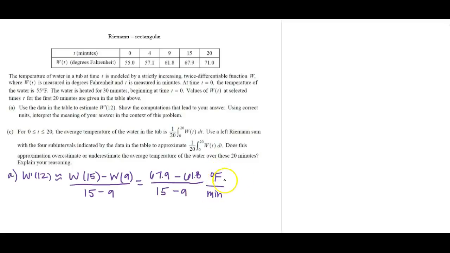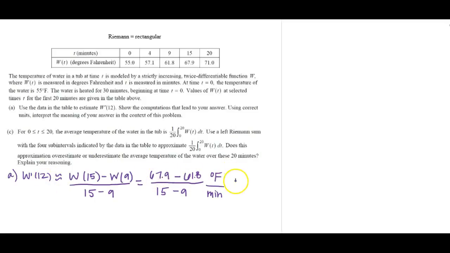So notice what I have here is a rate. This would simplify to a particular number. What we found, the meaning of our answer, is an approximation for the rate of change of the temperature of the water at 12 minutes.